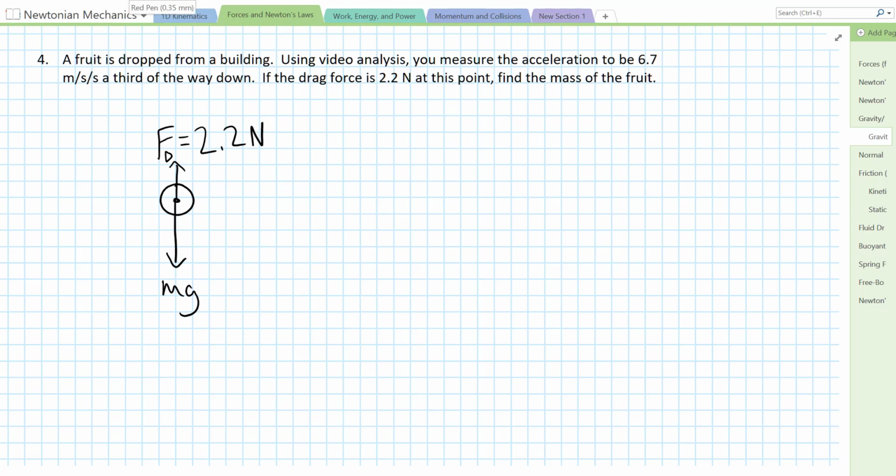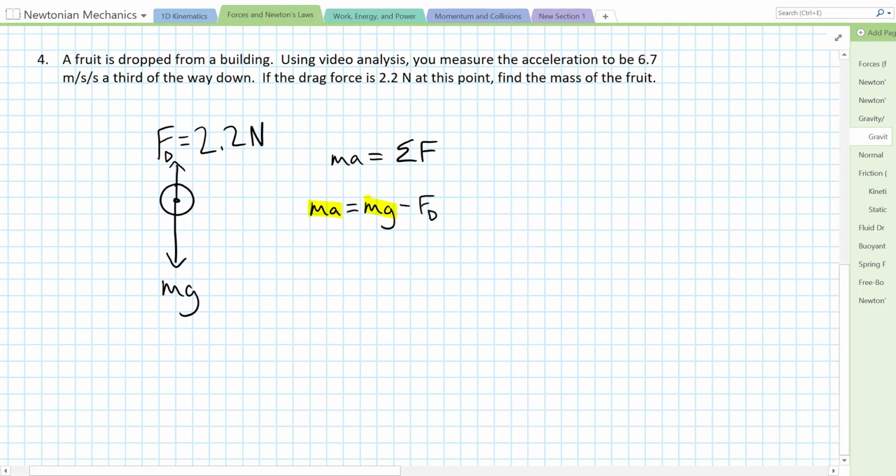So let's set up Newton's second law. Mass times acceleration is equal to the sum of the forces. Mass times acceleration is equal to our downward force mg, minus our upward force, the force due to drag. We can then rearrange this. We're solving for m, and we actually have two terms with m in them.